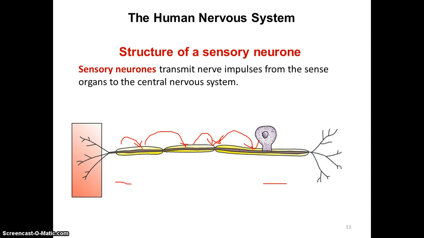What does the structure of a sensory neuron look like? The sensory neurons transmit the nerve impulse from the sense organs to the central nervous system.